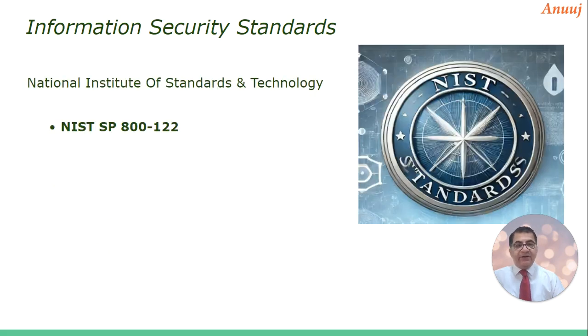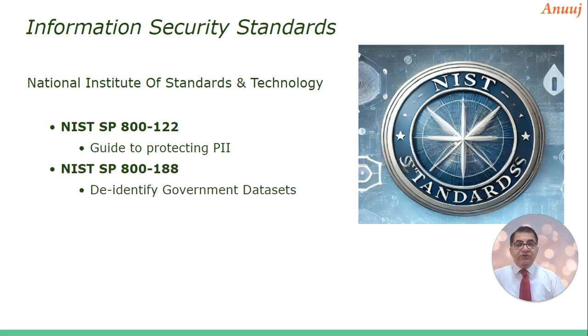NIST SP 800-122 provides you a guide on how you should protect your personal information or personally identifiable information. NIST SP 800-188 helps you de-identify government datasets, the public datasets, the datasets which are not private to you and do belong to government organizations or are being used by government organizations.